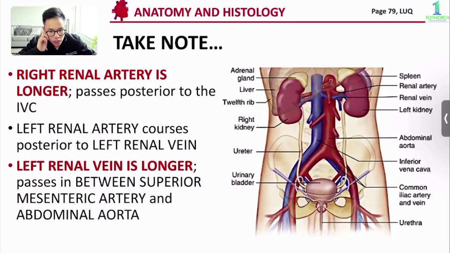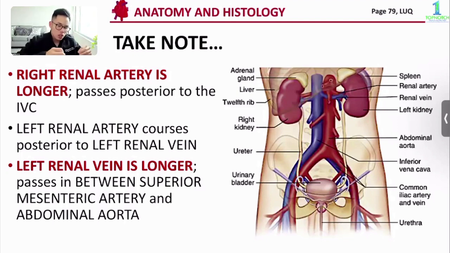Now, during renal transplant, the incision will be placed anterior to the abdominal wall, just above the inguinal ligament. Usually they will cut off the kidney and place it in another person.